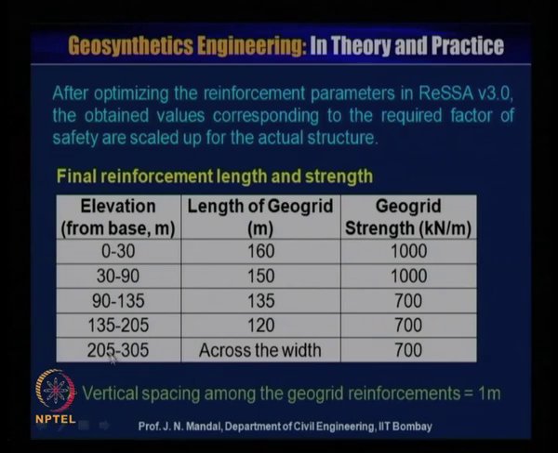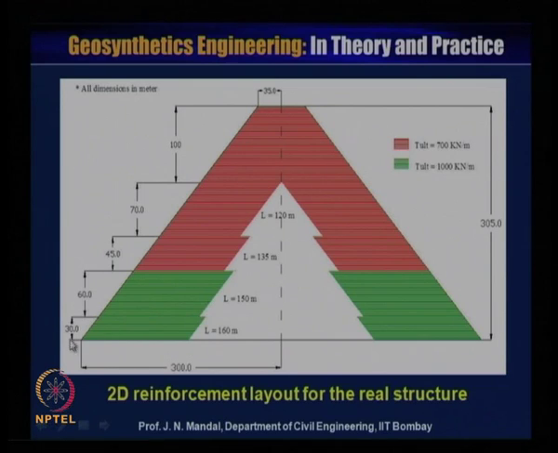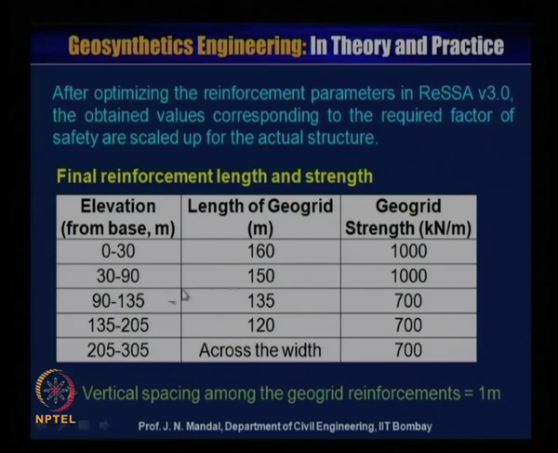Now, 30 to 90. You can see from 30 to 90 here the length of the geogrid is 150 meter and strength of geogrid is 1000 kilonewton per meter.